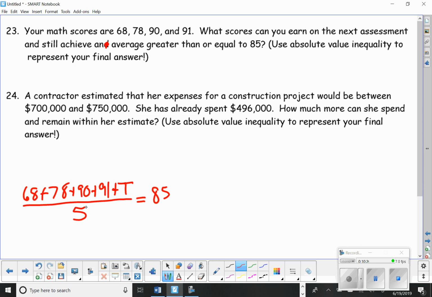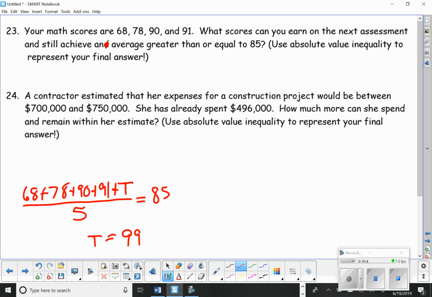So let's first see what this would be. Well, you add all that up. First off, you multiply both sides by 5, and you add all these numbers up, and you wind up with t being equal to 99. Now, that's great and all, but what's the most you possibly get on a test?